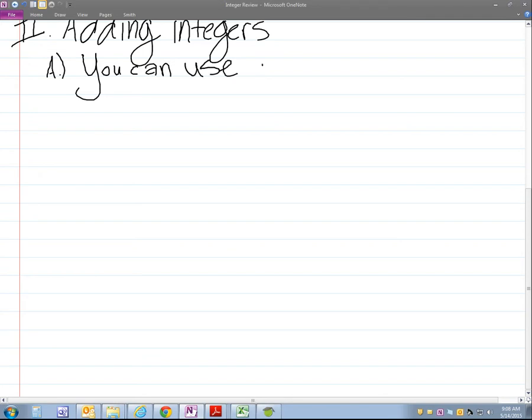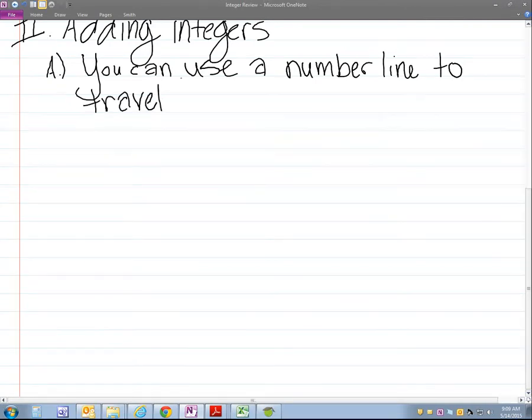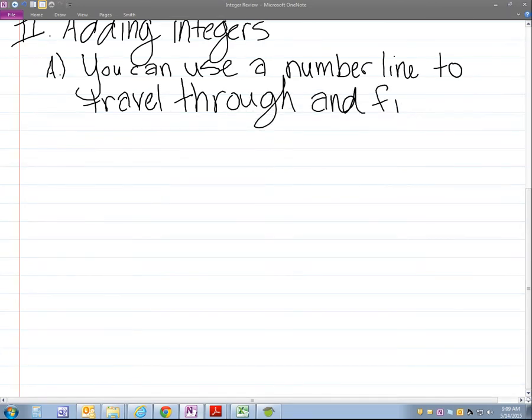You can use a number line to travel through and find the sum.